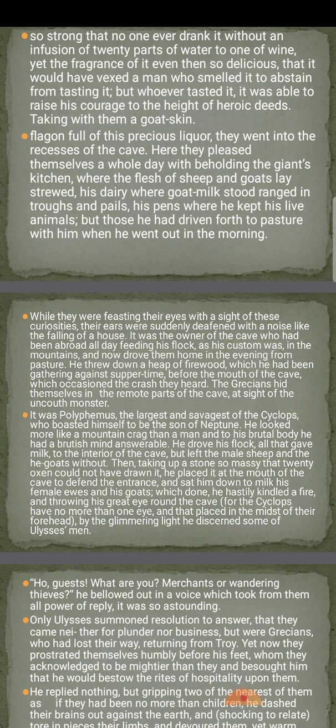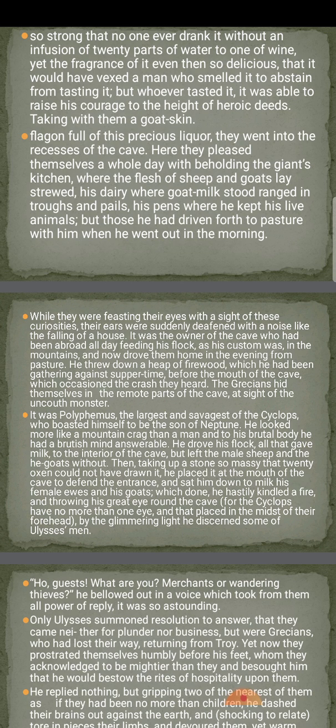It was the owner of the cave who had been abroad all day feeding his flock as his custom was in the mountains, and now drove them home in the evening from pasture. He threw down a heap of firewood which he had been gathering against supper time before the mouth of the cave, which occasioned the crash they heard.